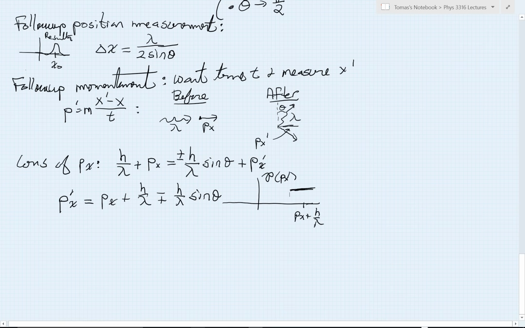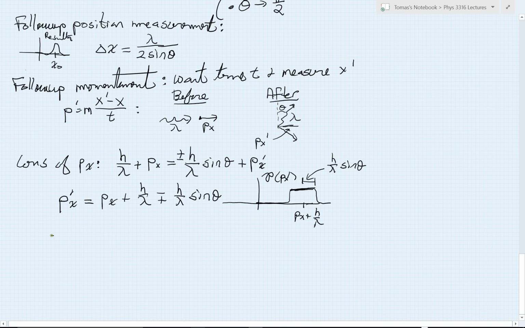And so after I go this range of plus or minus, it's going to drop down like so, right? And this range, again, of these outgoing momenta that is uncertain for me is minus or plus, well, the actual size of it is the magnitude here, h over lambda times sine theta.